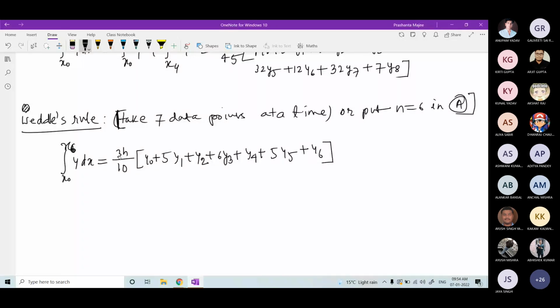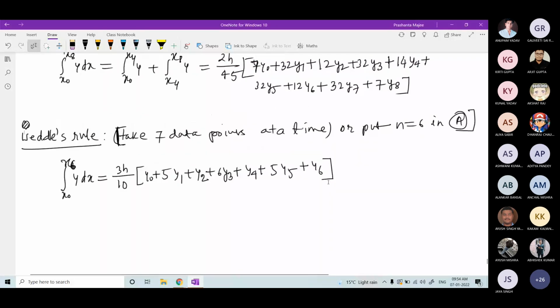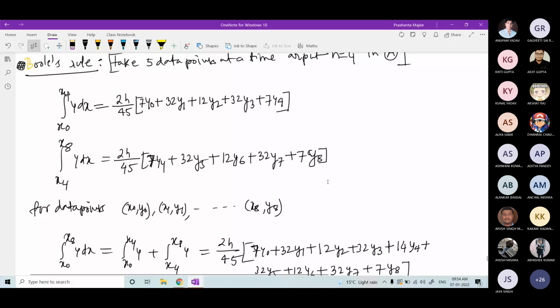Now Simpson's 3/8 rule, Boole's rule, and Weddle's rule are a bit difficult to remember. And even though they give exact answers for polynomials, for other kinds of functions Simpson's 1/3 rule and the trapezoidal rule give better answers.